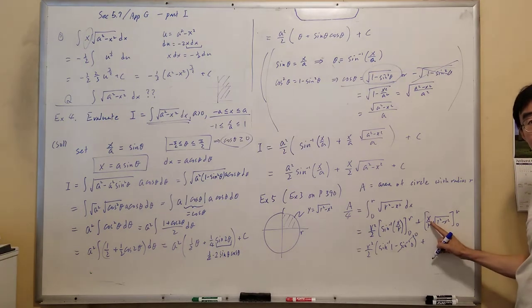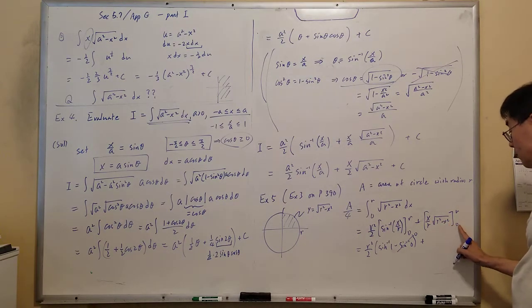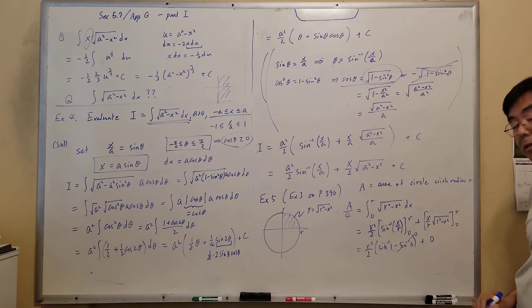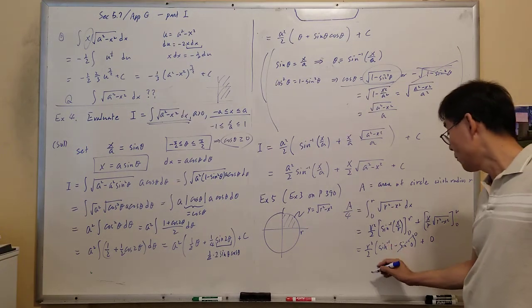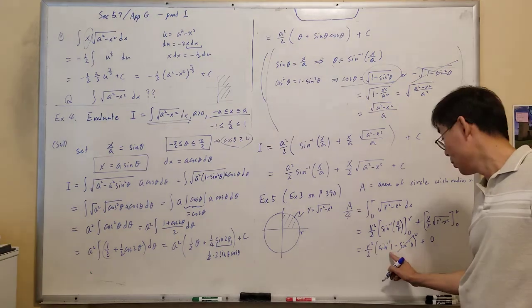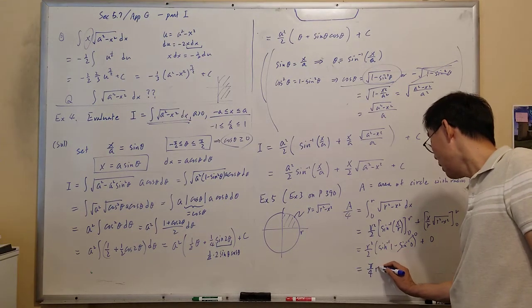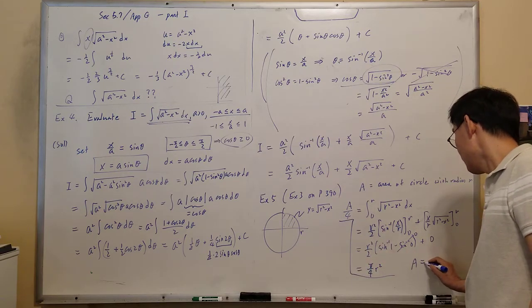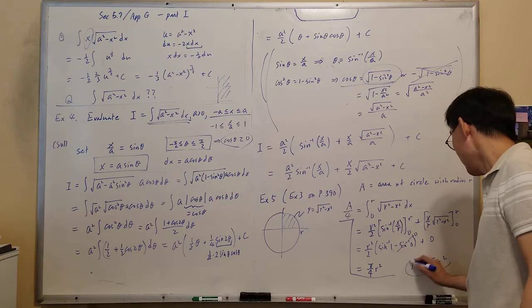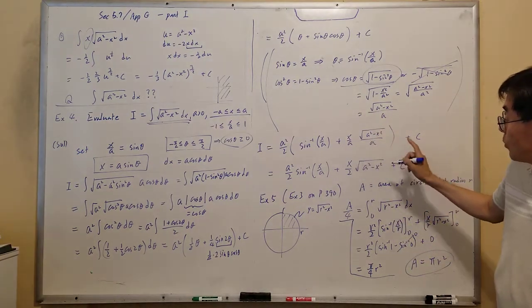If you plug in x equals r, you get r squared minus r squared, which is 0. If you plug in 0, also 0. Either way, both terms are 0. Sine inverse of 1 is pi over 2. So pi over 4 r squared. That's a quarter of the circle's area. Therefore, the full area is pi r squared.